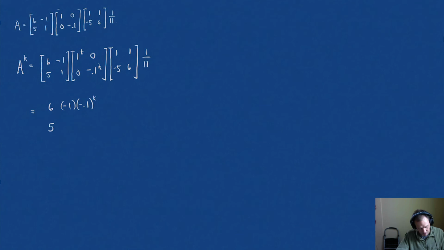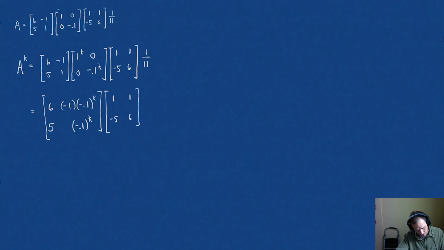And then we're going to have a 0, and then a 1 times negative 0.1 raised to the k, times X inverse, 1, minus 5, 1, 6, and 1/11. Okay, now let's multiply these out.